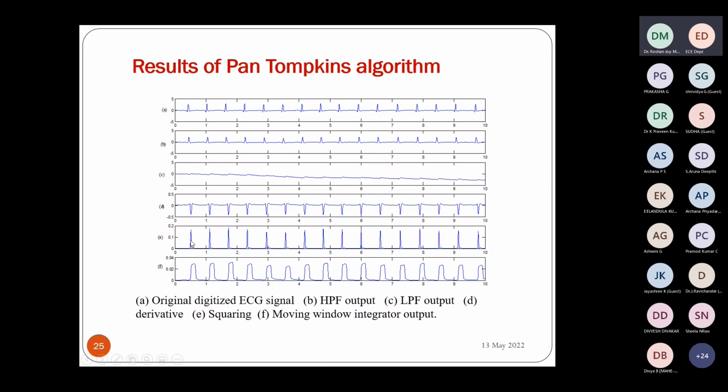We can see that we have a rising edge, it attains a peak, and then it decreases. And we don't have any other values here after the squaring operation. Finally, we have to compute moving window integration, where the rising edge of the moving window integrator corresponds to this QRS complex after compensating the group delays.